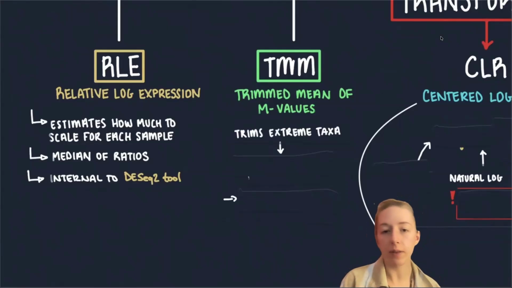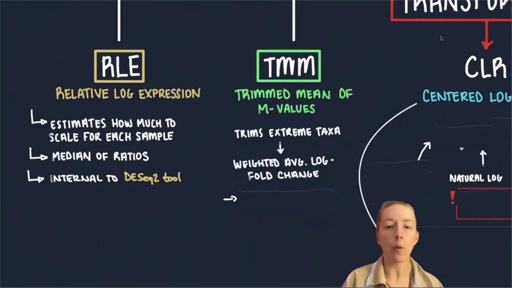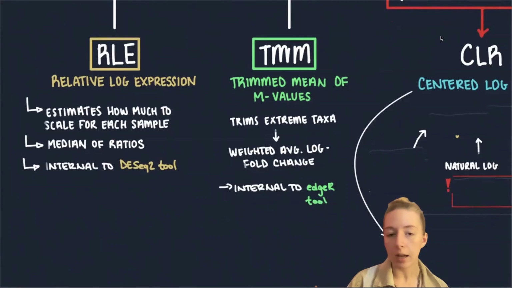The trimmed mean of M values trims the extreme taxa and then creates a weighted average log-fold change. This is inherent to the edgeR tool.